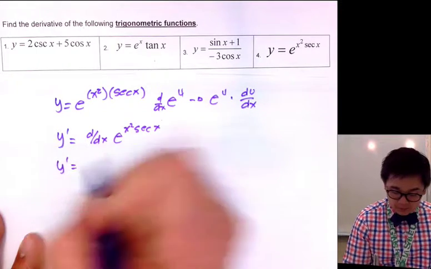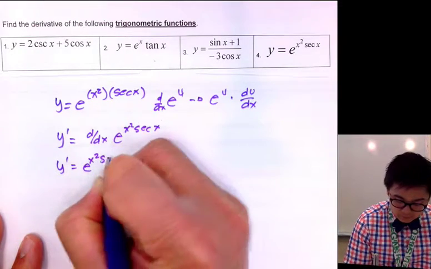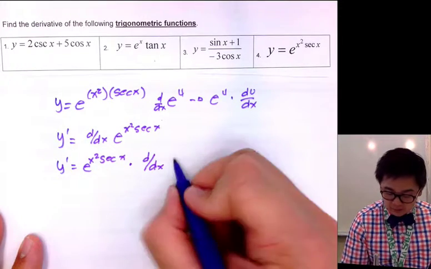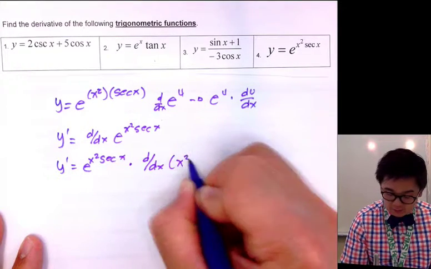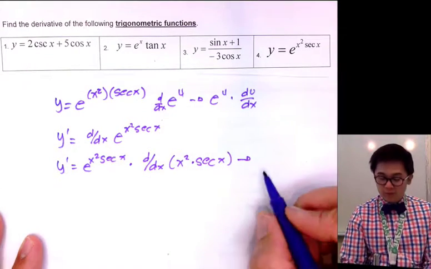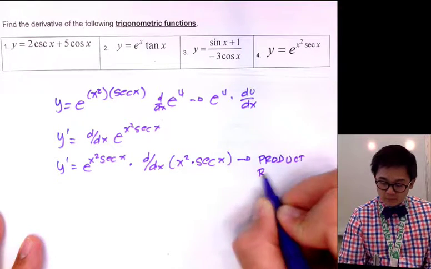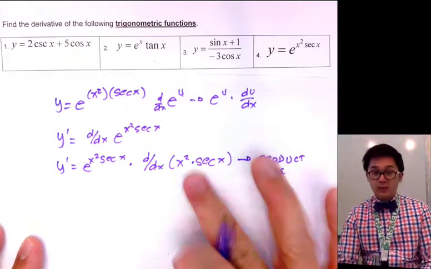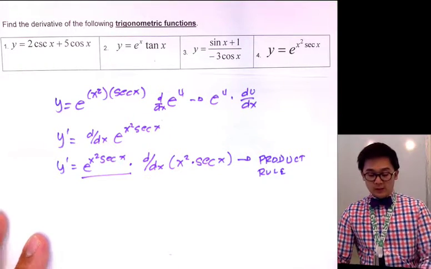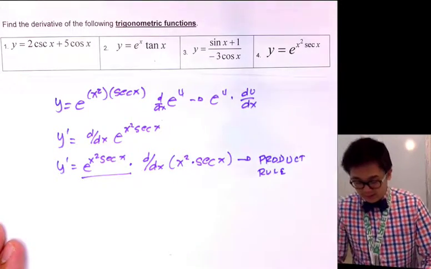So y prime is the copy of this function times the derivative of the exponent, which is x squared times secant x. And in this function, we'll be using the product rule to differentiate. So let's go ahead and ignore this for a little while and just focus on x squared secant x.